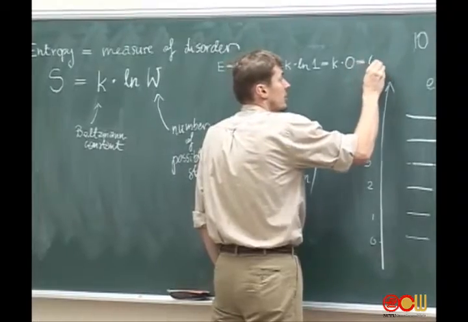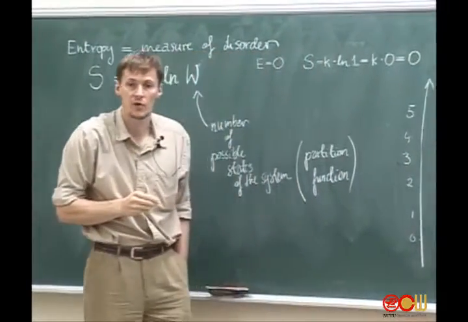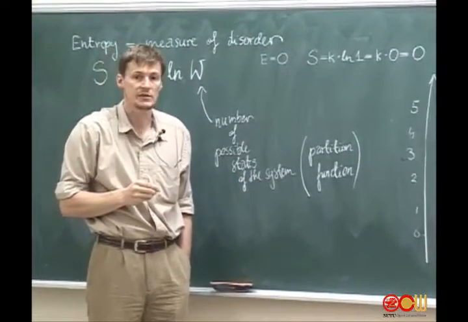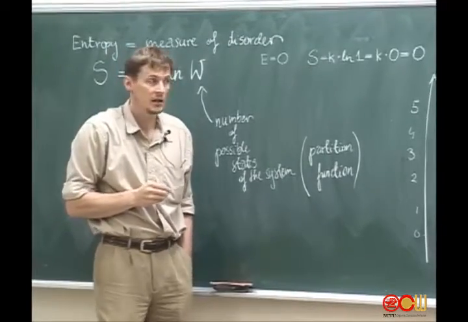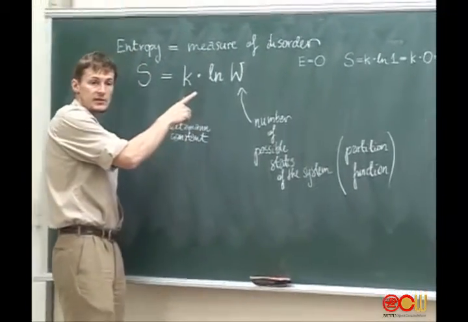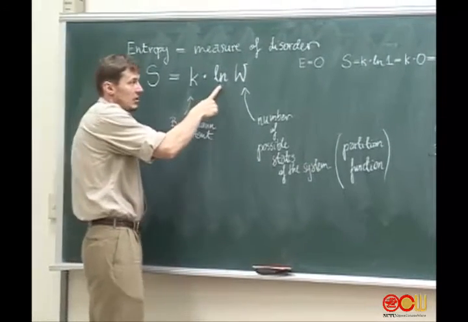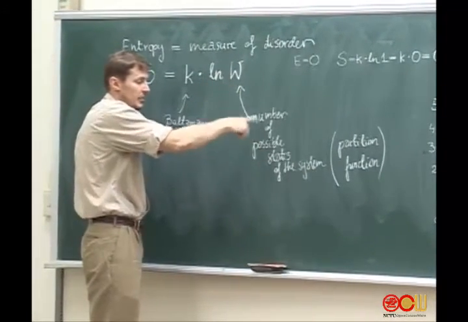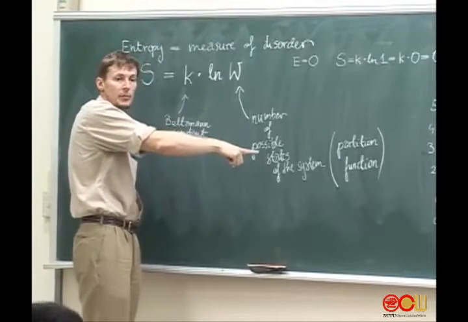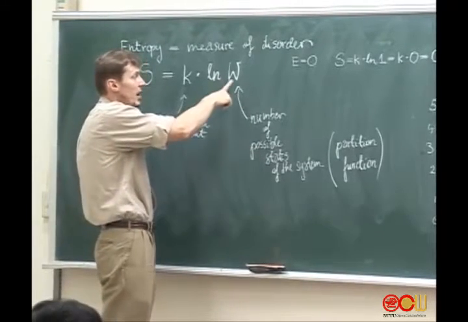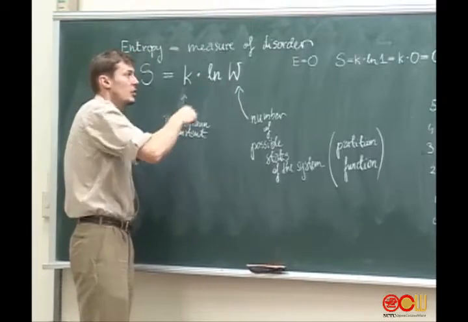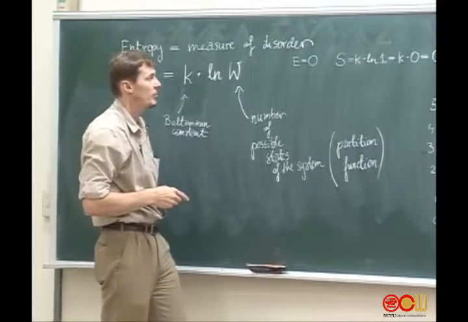And you found that the entropy in the ground state is 0. Is it the lowest possible? If you look at the definition, yes, because the logarithm of a natural number is non-negative. The lowest possible W here is 1, and then the logarithm will be equal to 0.